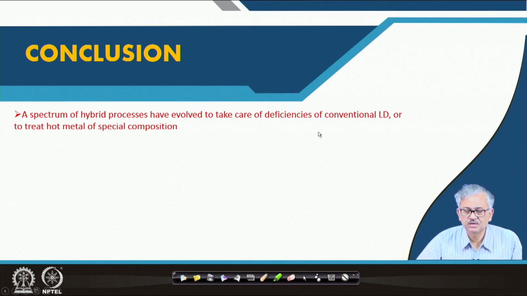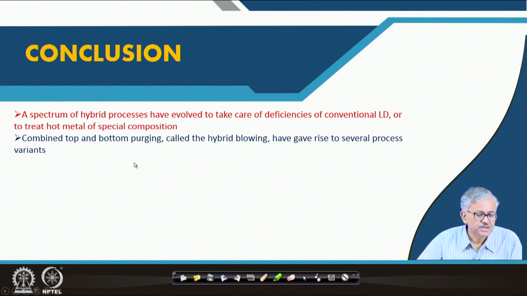You can decrease this deficiency of conventional LD, or treat hot metal of special composition. If you want to treat a very high phosphorus hot metal, then LD-AC or LD-HC type processes inject lime either from the top oxygen lance or from the bottom tuyeres.